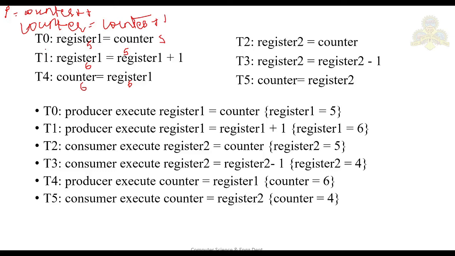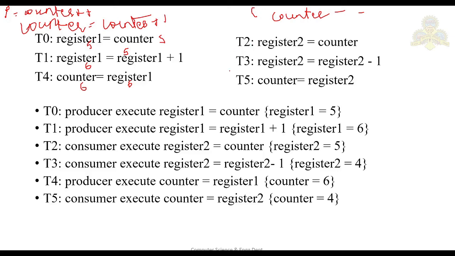So here T0, T1, T4, they are nothing but instructions, okay? Like instruction 1, 2, 3, I have just given the name T0, T1, T4. Fine. So similarly, in the consumer process, we had a statement counter minus minus, right? So we had counter minus minus, that is nothing but counter is equal to counter minus 1. So how can we write that? So first move the counter value to register 2, then decrement this register value by 1 and put it into the same register. Then whatever the updated value of register 2 is there, place it into the counter.